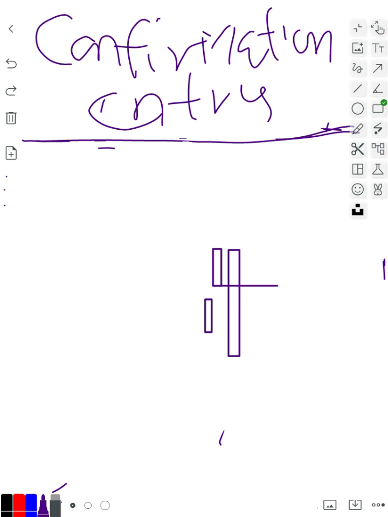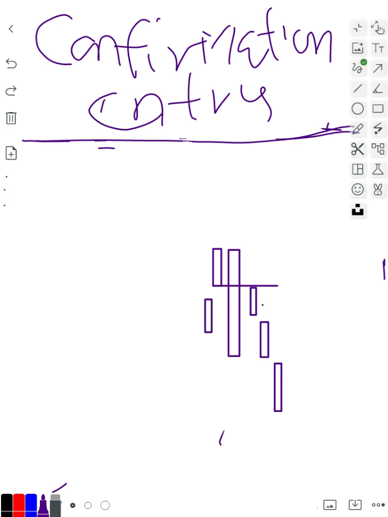So we're using a bearish move. Okay, so this is okay.